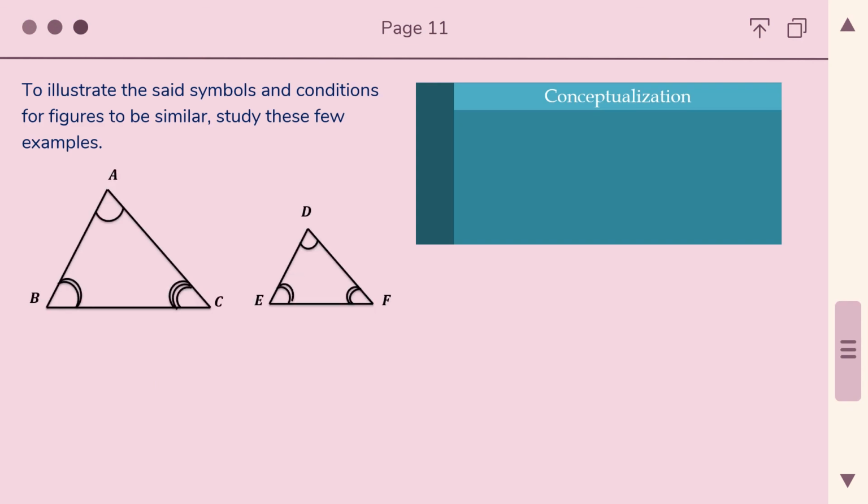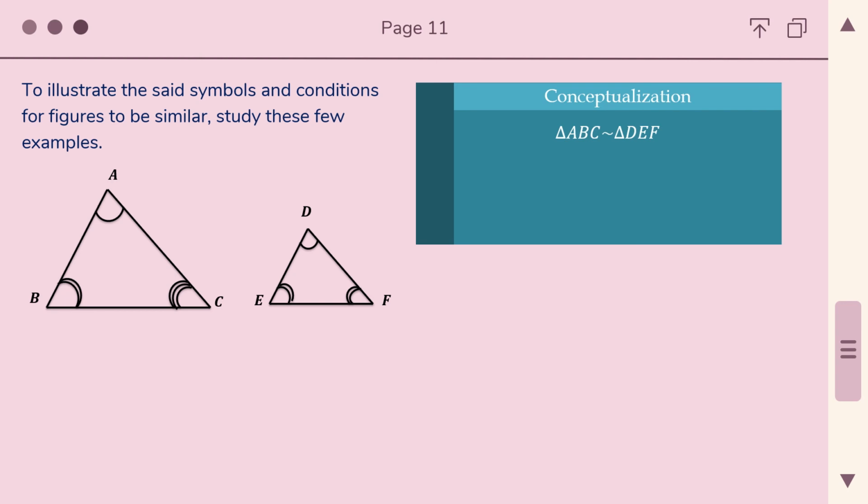To illustrate the said symbols and conditions for figures to be called similar, we shall study these few examples. So we have two triangles on the left side, the bigger triangle and the smaller triangle. The bigger triangle is named as triangle ABC, while the small triangle is named as triangle DEF. So we are trying to establish the similarity of these two triangles.